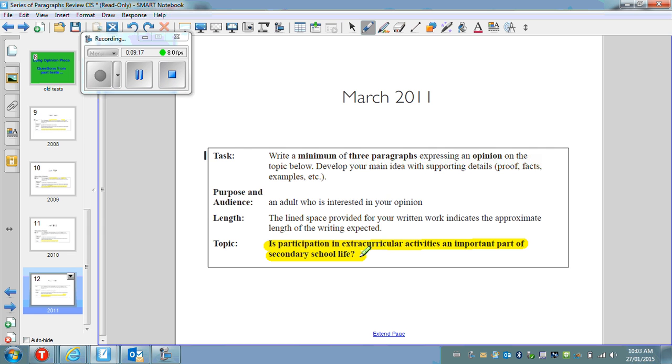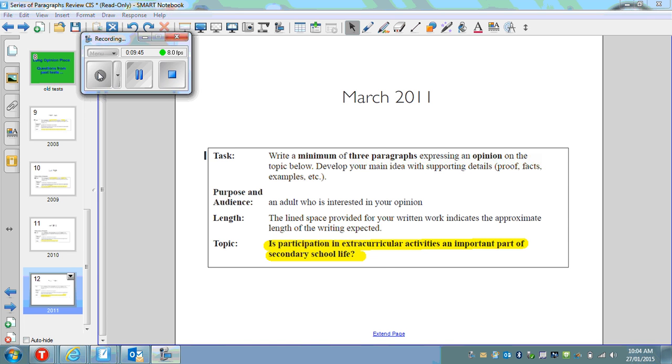What are the positives with that, and what are the negatives? So again, you could state extracurricular activities are an important part of secondary school life. Or extracurricular activities are not an important part of secondary school life. And then you'll go on and state your 3 points.